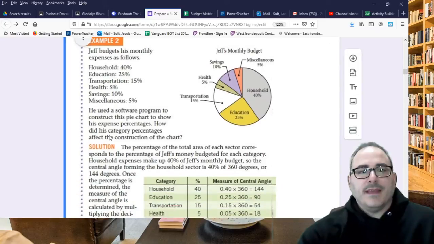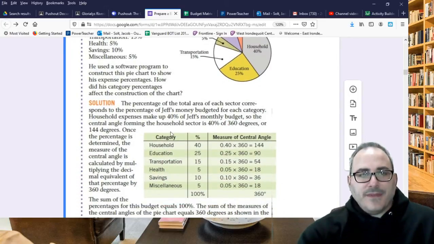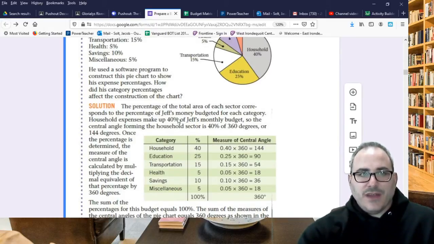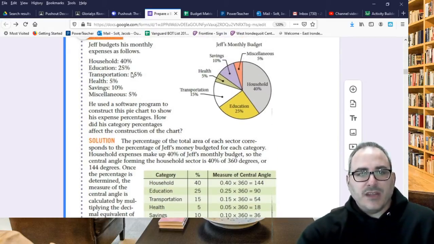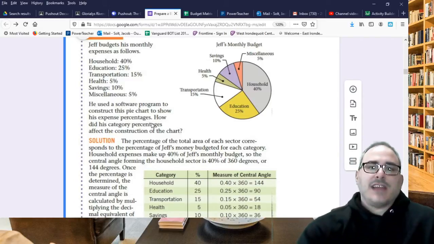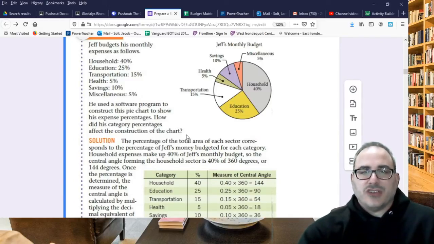Okay, so Jeff put these categories in his software program. He found the percentages. Oh, did he know the percentages already? He used a software program to construct the pie chart to show his expense percentages. How did his category percentages affect the construction of his chart?